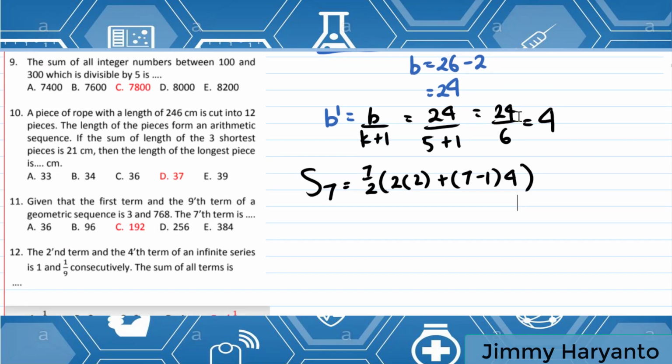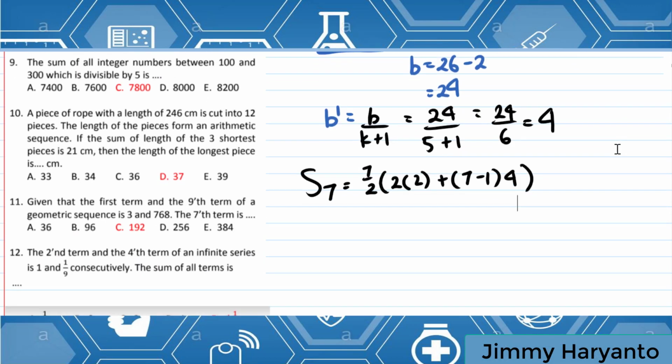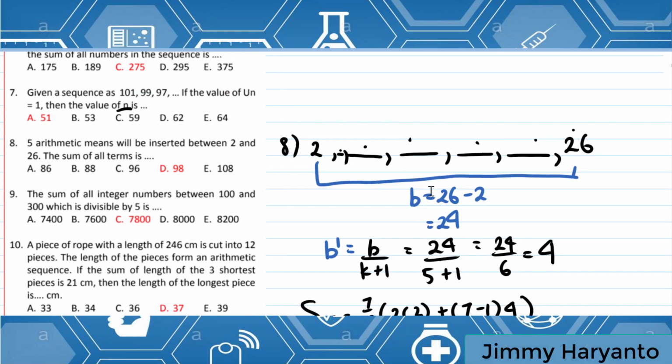Do not use the first b, because we already put 5 numbers between 2 and 26. Equals 7 over 2 in the bracket 4 plus 6 times 4, 24, 28, cross out, 14, the result is 98. So S7 equals 98.